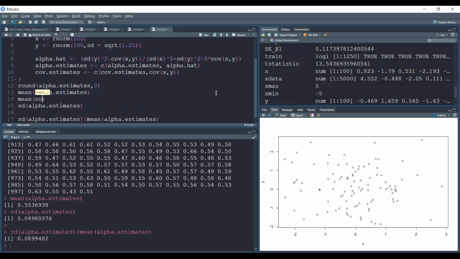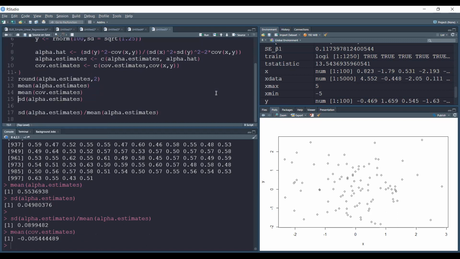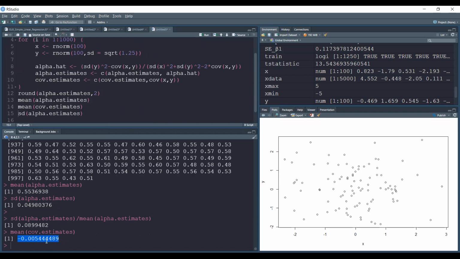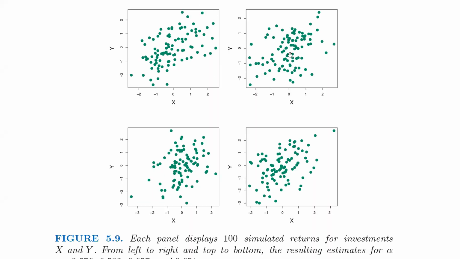Again, just an approximation, but it's interesting to have a look. No. So on average, my covariance is very, very different to their covariance. Yes, of course, because we were expecting practically 0, right? Whereas their covariance is positive.